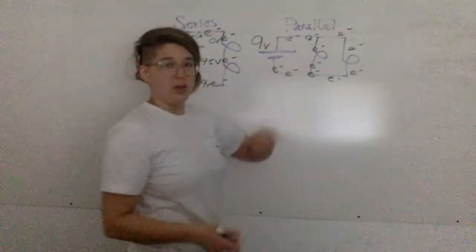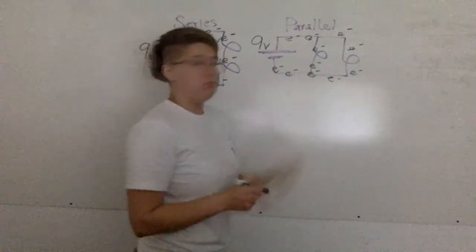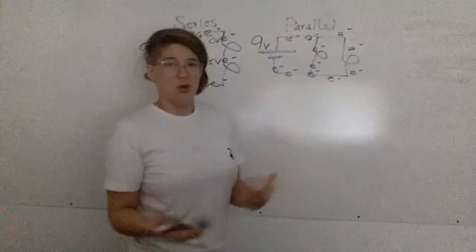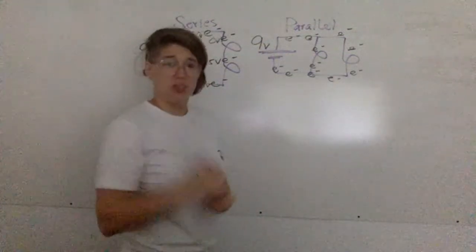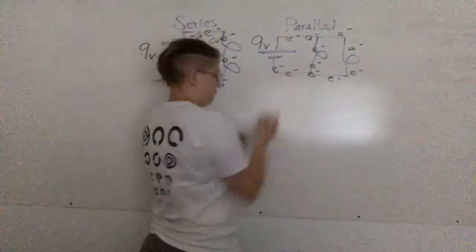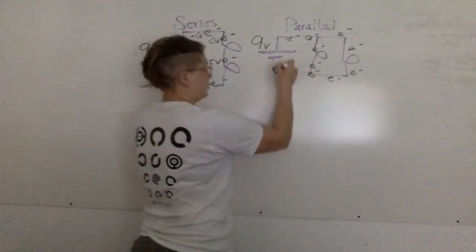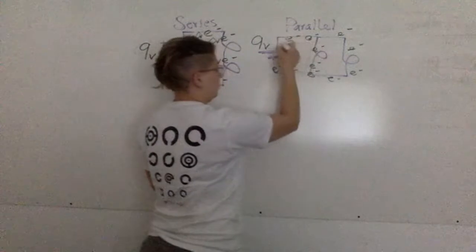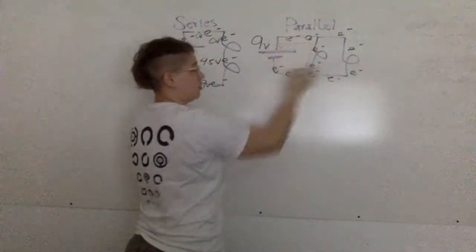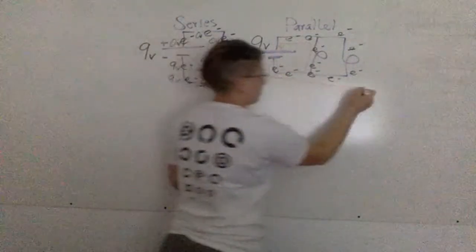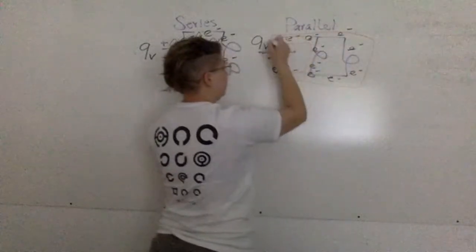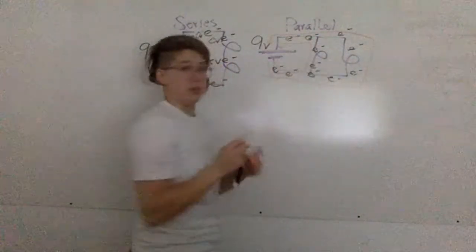Parallel, however, even though I have 2 light bulbs, no electron has to go through both. Each electron only has to go through one. Because if I travel this way, I don't have to go through this light bulb. And same thing, if I go this way, I don't have to go through this light bulb.